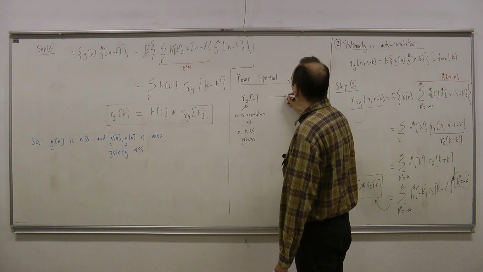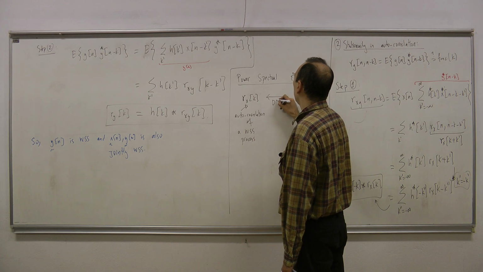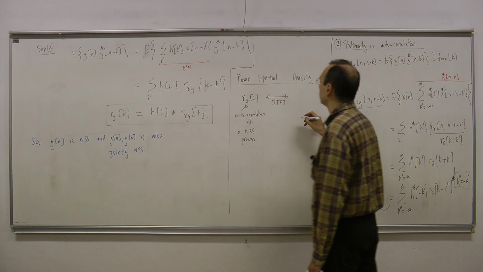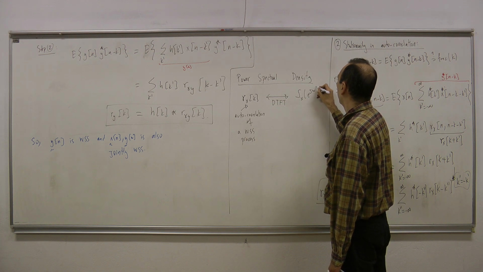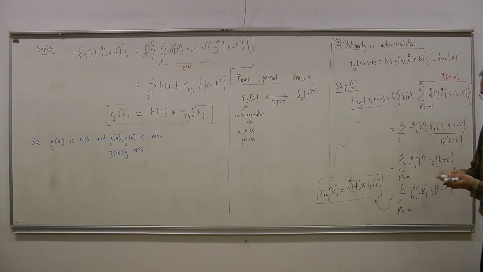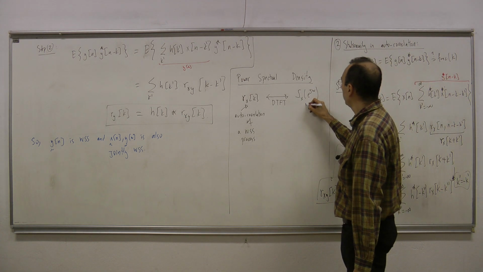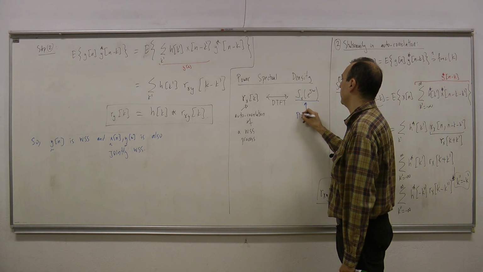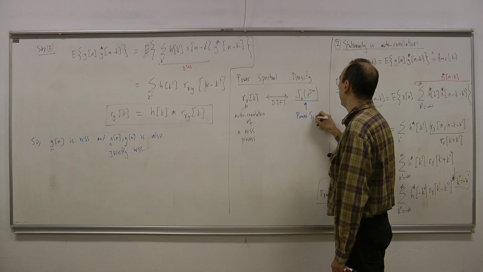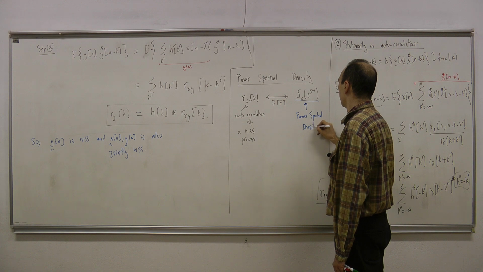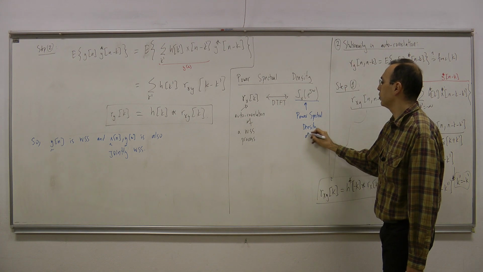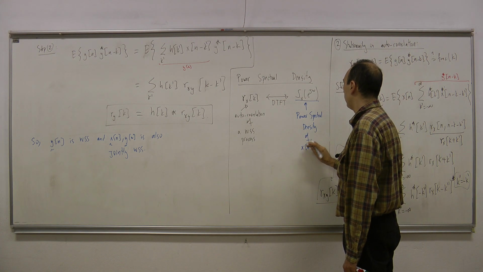Well, now I will take its DTFT, discrete time Fourier transform, and I will call this Sx of e to the j omega. Okay? This is something new, we haven't seen this: power spectral density of a wide sense stationary process x of n.